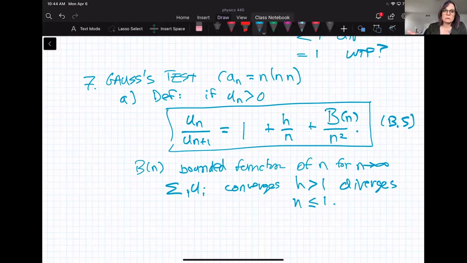The issue is, can you make your sequence look like this? And you can't always, but the real power for this, where this comes in, is when you have recursion relations. A recursion relation you've probably seen, well, I know you've seen in E and M, is the recursion relation for the Legendre polynomials.